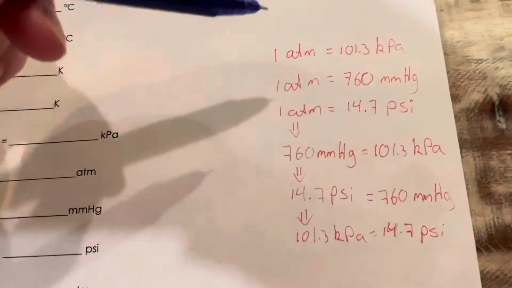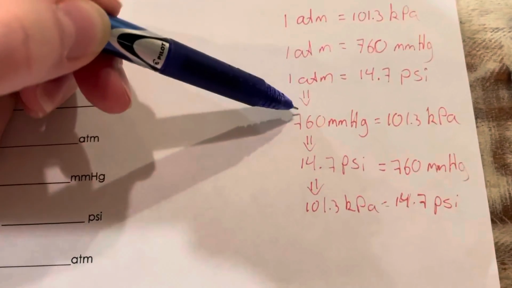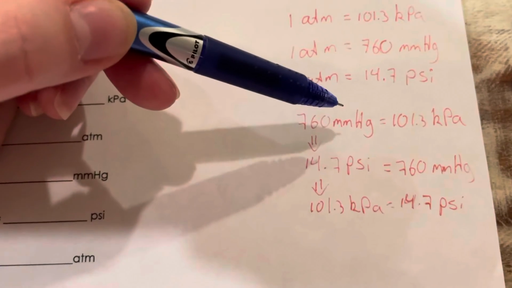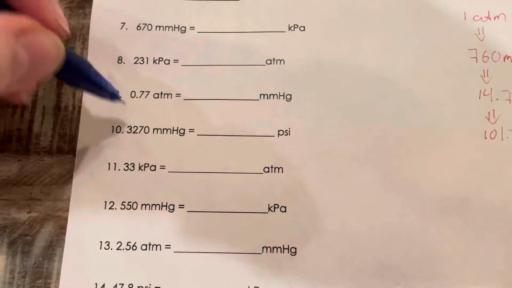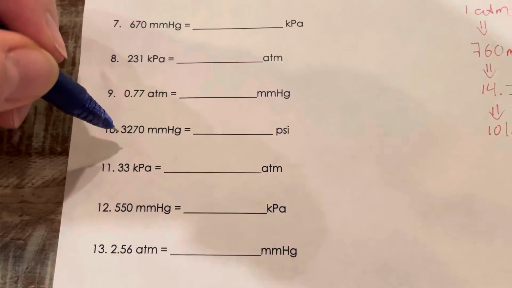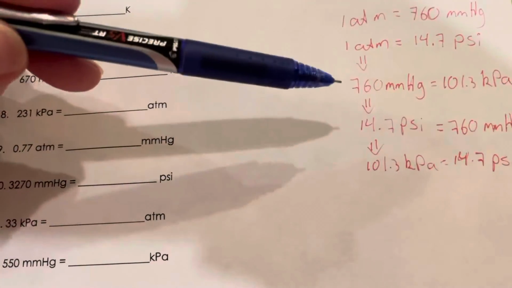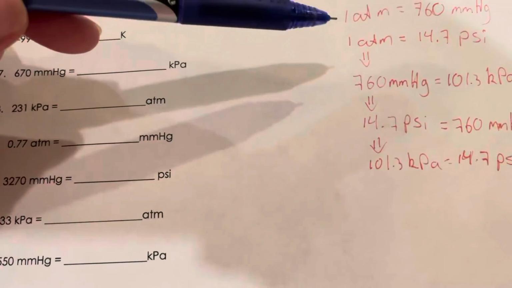So what I would need to use is the conversion here, that 1 atmosphere equals 760 mercury. So if I divide this number by this, it's the same thing as turning that into just atmosphere.